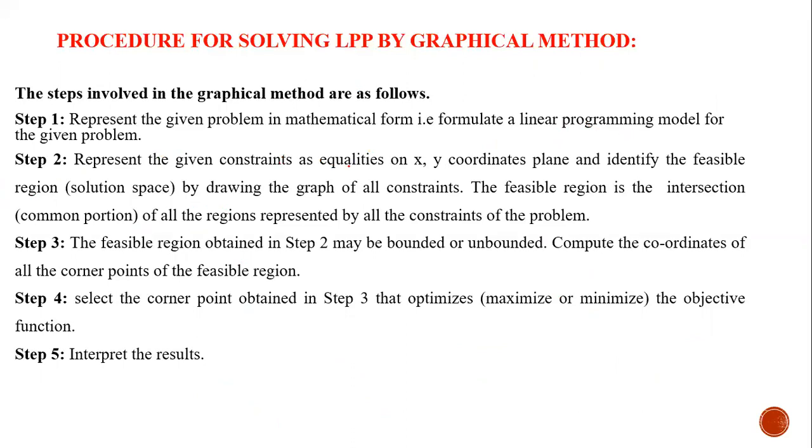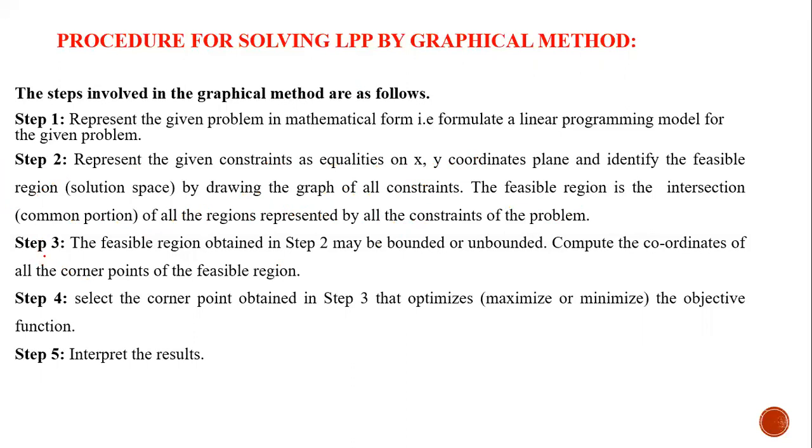Represent the given constraints as equalities on the x and y coordinate plane, and identify the feasible region by drawing the graph of all constraints. The feasible region is the intersection of all the regions represented by the constraints of the problem.